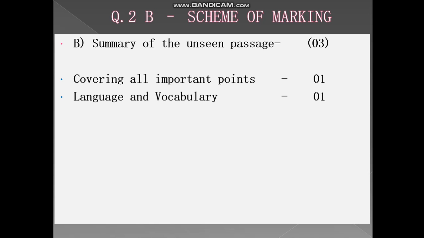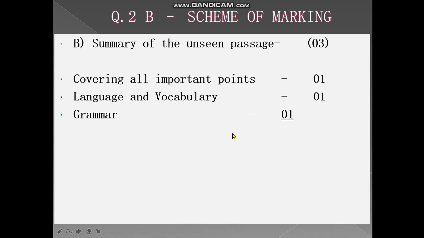To enhance the attention and interest of the reader. But in a summary, you should omit them, and you have to understand whether you understand the idiom. Only then can you understand what he wanted to say, and convert that into a short, precise manner. That's why language and vocabulary carries 1 mark.